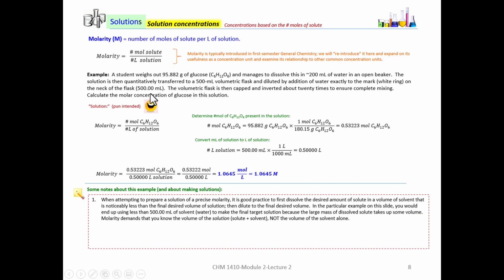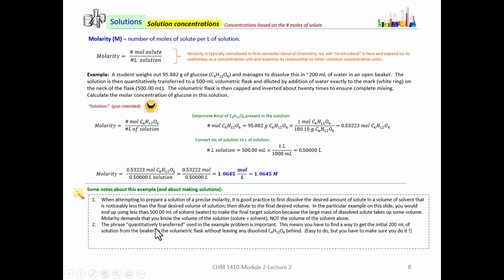Remember, 500 milliliters is the volume of the solution, which is the solute plus the solvent. And since the solute here would take up a fair amount of volume of that solution, we would actually use less than 500 milliliters of water. So remember, molarity demands that you know the volume of the solution, not the volume of the solvent alone.